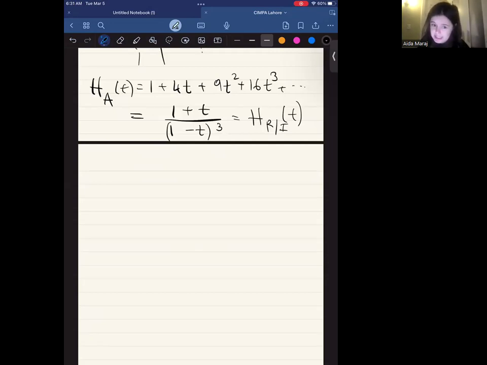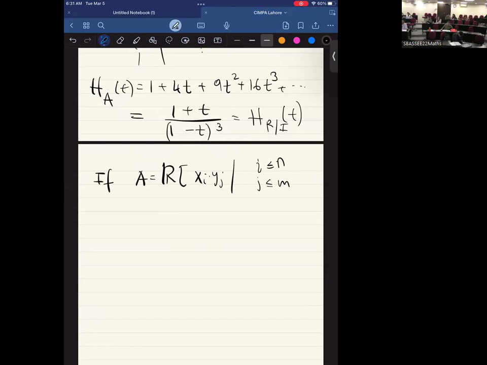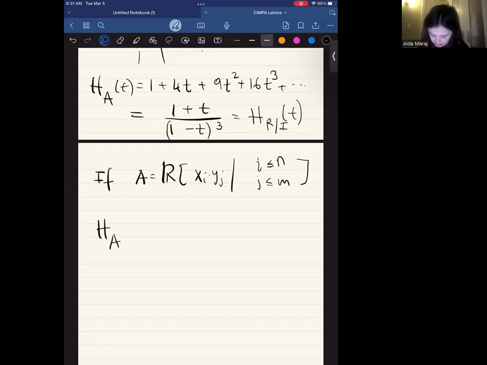point being is that if I consider now A to be all this R of x_i times y_j for i less or equal to n, and j less or equal to m, then I have more trouble. In this case, one can still do it and get the answer, H_A.